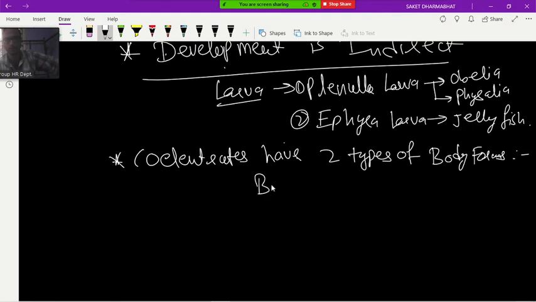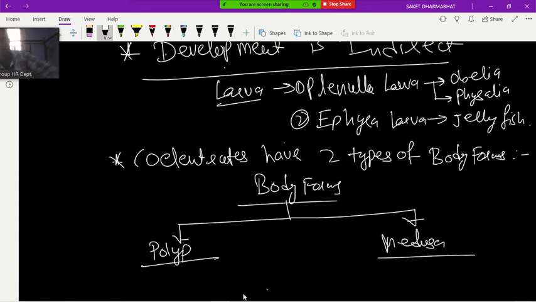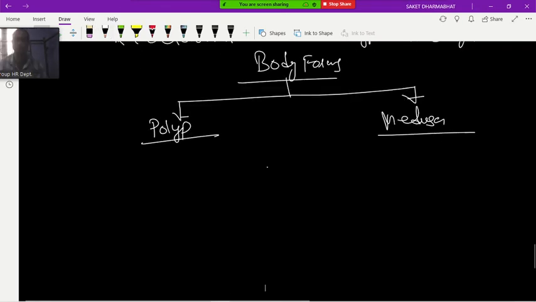One is called polyp, and the other is called medusa. Body forms are of two types, polyp and medusa. Now, what is polyp and what is medusa? That we are going to discuss here.